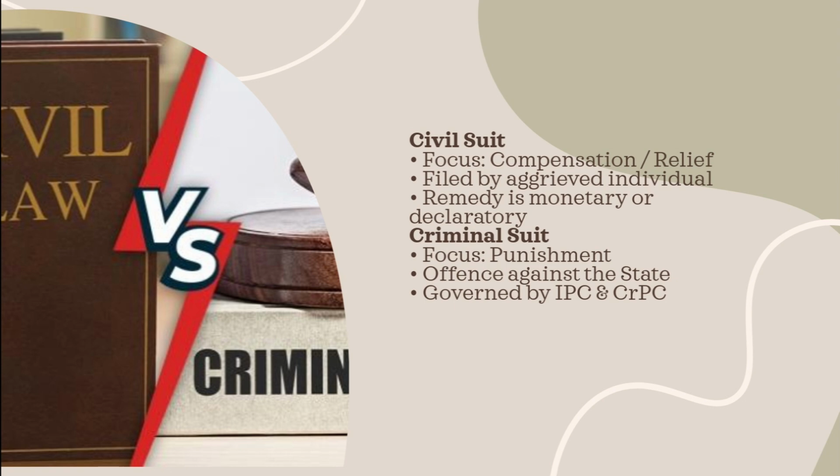Further, civil cases are filed by the individual, while criminal cases are considered offenses against the state. For instance, if there is any offense of rape or murder, it is not an offense only against that person but also against the state.